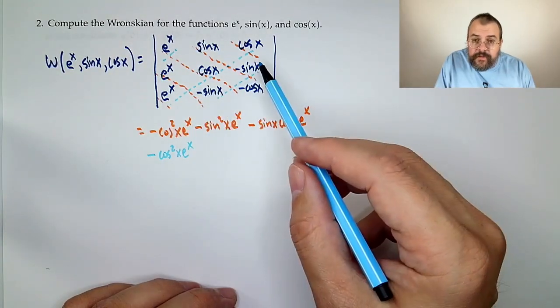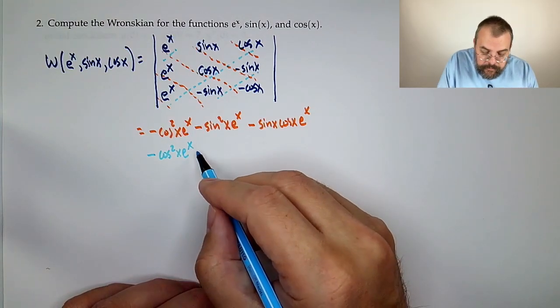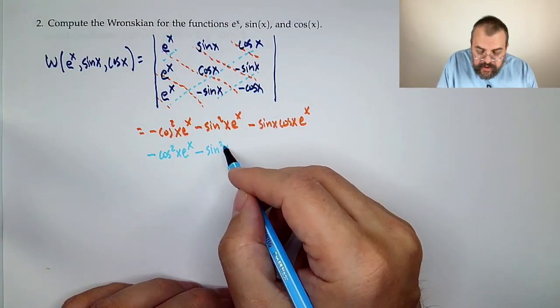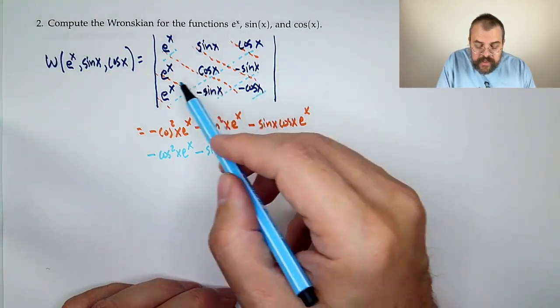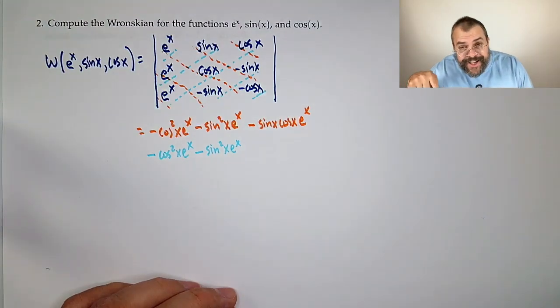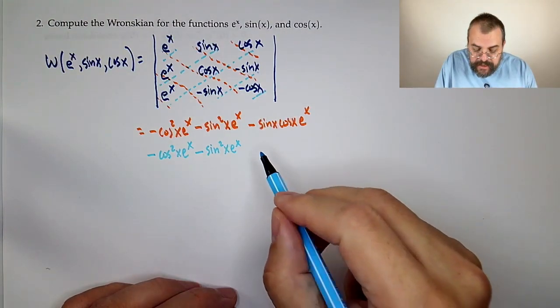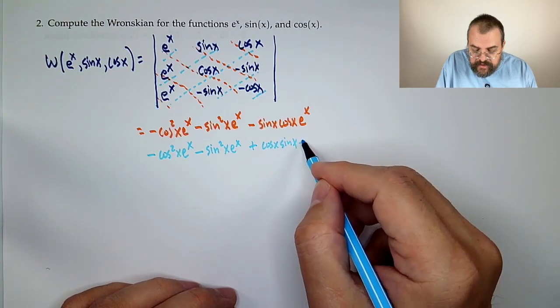Well, that'd be sine squared e to the x, but we have to subtract that. So minus sine squared e to the x. And then we have minus cosine e to the x positive sine, but we have to subtract that. So minus and minus makes a plus cosine x sine x e to the x.